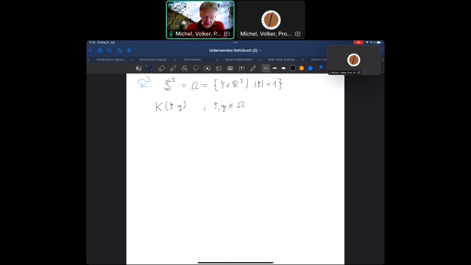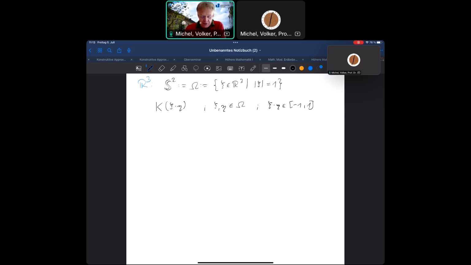Now, first of all, it's clear that the inner product of 2 unit vectors is something between -1 and 1. So it's a function which depends on the inner product.